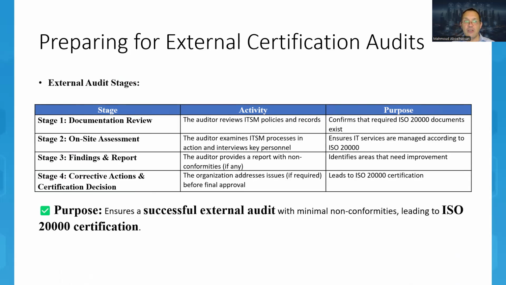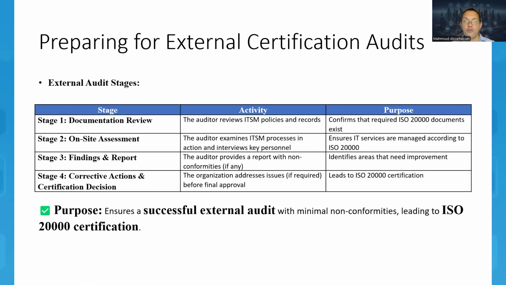In the second stage, on-site assessment, the auditor will examine the IT service management processes in action and interview key personnel to ensure that the IT services are managed according to ISO 20000.